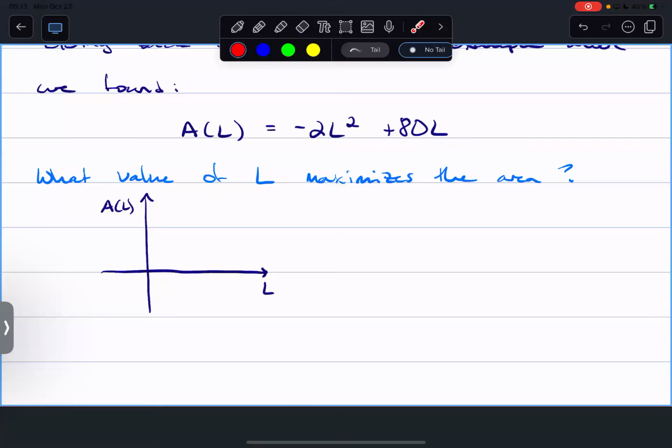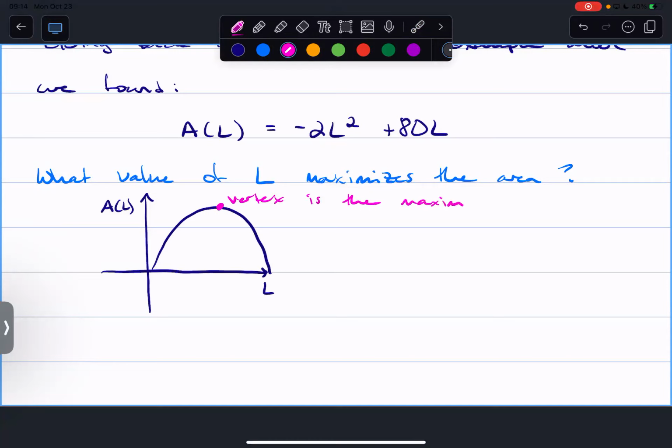Luckily, it's a parabola turned down, and so it's going to have some maximum value at the vertex. The vertex is the maximized area.